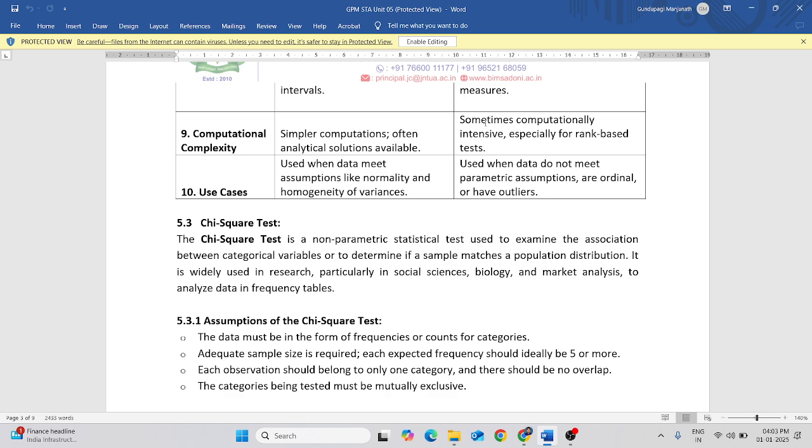While preparing the contingency table, if all the cell values are greater than 5, then we go ahead with the calculation of the chi-square test. Otherwise we cannot take it up. Each observation must belong to one particular category, and there should not be any overlap. We have to keep that in mind while calculating the chi-square test.